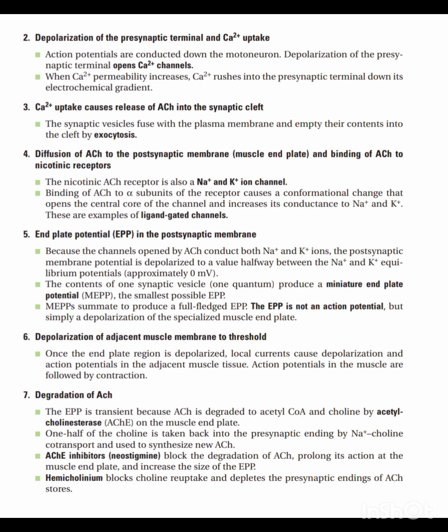So along the concentration gradient, it will rush into the presynaptic terminal. And because of this calcium uptake into the presynaptic terminal, there is the release of acetylcholine into the synaptic cleft. So the third step is the calcium uptake, which causes the release of acetylcholine into the synaptic cleft.